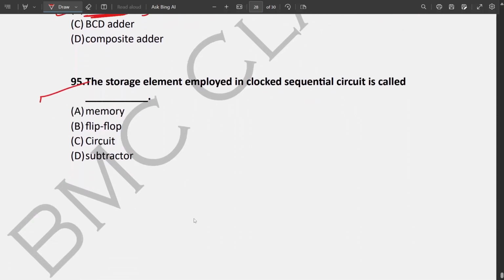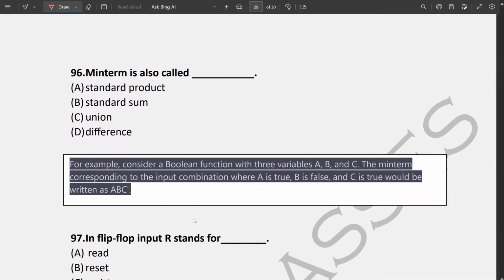Next, the storage element employed in clocked sequential circuits. The answer will be flip-flop. Option number B. Next, minterm. We have just discussed maxterm. It is what? Standard sum.